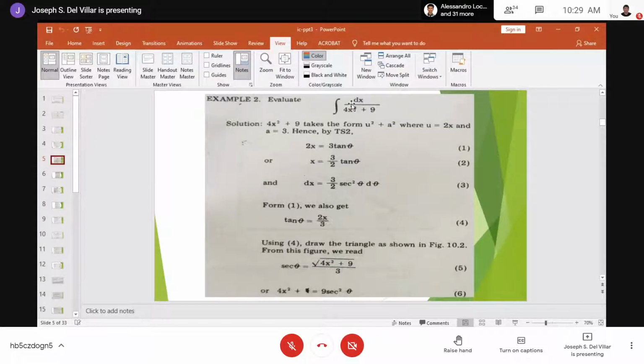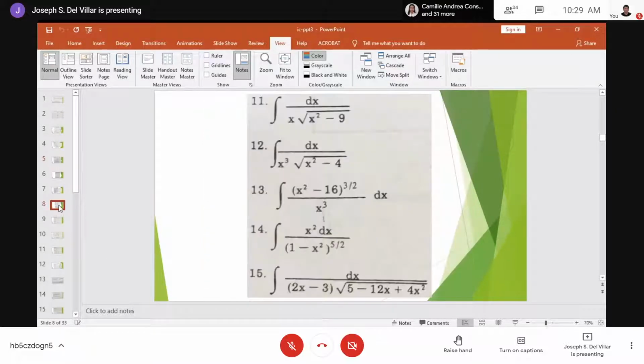May kulang siyang 2. Kasi yung u dito is 2x. So pag tinake mo yung differential nun, it should be 2dx. But since the given does not have 2, then we need to introduce 2. Okay? And then balance that by 1/2. Lagyan mo ng 1/2 dito sa likod and then lagyan ng 2 sa taas.